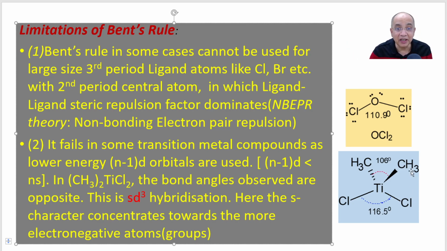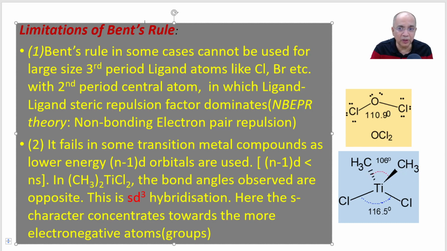Now, interestingly, if you apply the concept of hybridization, it is not sp3, it is sd3, or d3s hybridization, N-1 d3 and s, to make a tetrahedral molecule. In that case, the s character concentrates towards the more electronegative atom, just the opposite. So the bond angle becomes more in more electronegative ligands and less in more electropositive ligands.